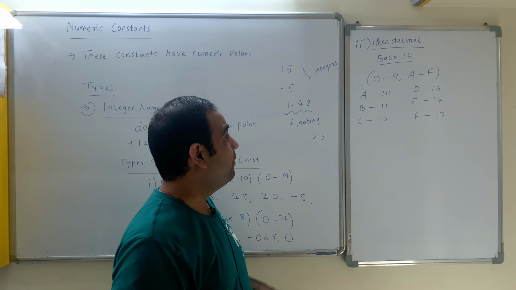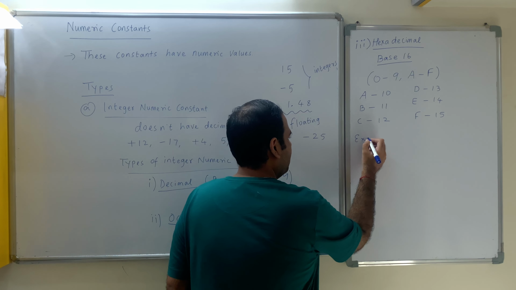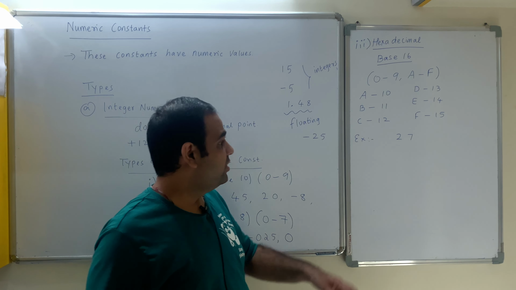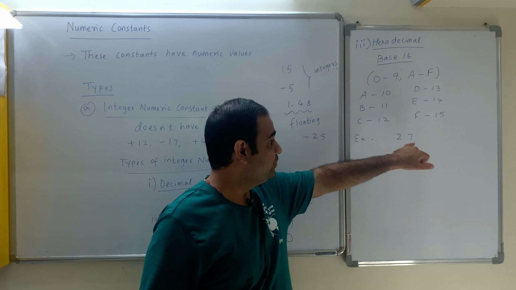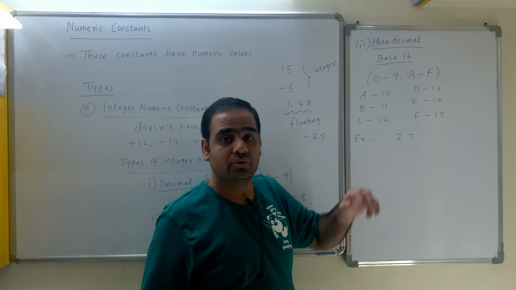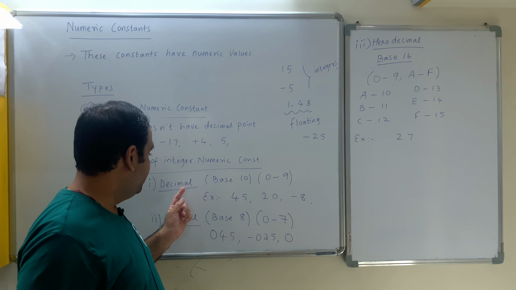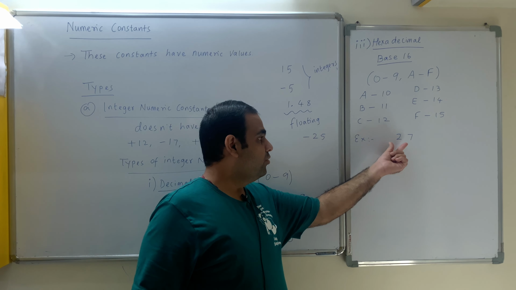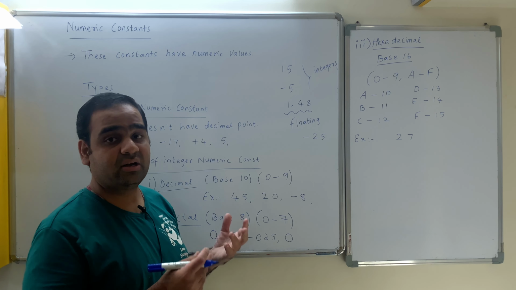Now, say for example, how do we write a hexadecimal number? I can write 27. This 2 is between 0 to 9 and A to F. Similarly, 7 is between 0 to 9 and A to F. But if I write 27, is it decimal, because decimal is 0 to 9 and in 27 also we have 0 to 9? Is it decimal or hexadecimal? This is a confusion.